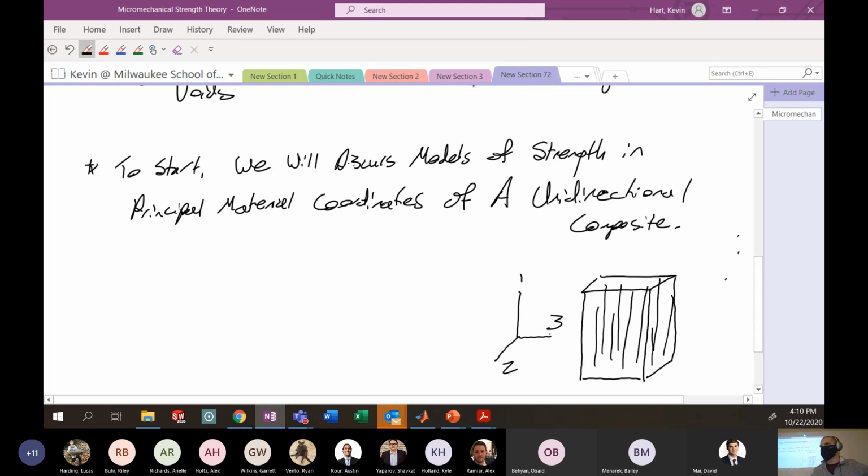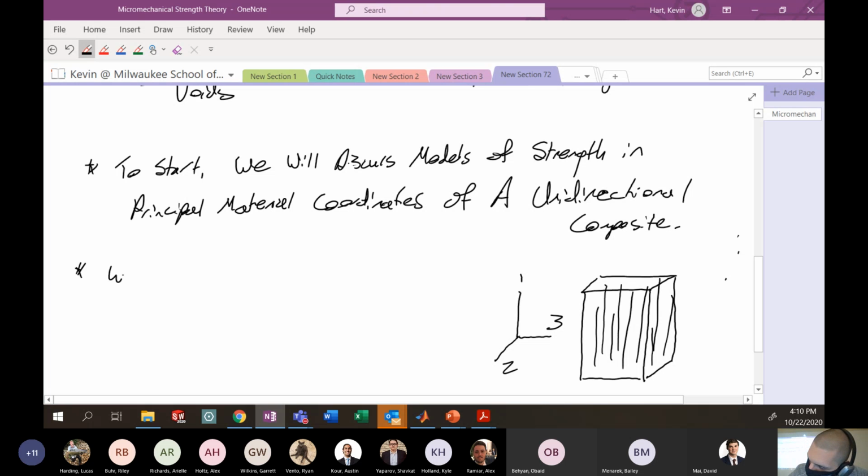That looks like the following. So when I say we're going to talk about failure in the principal directions, we're going to talk about tensile failure in 1, compressive failure in 1, tensile failure in 2 and 3, which is the same, compressive failure in 2 and 3, which is the same, and also shear failure 1, 2. All right, so we got a lot of things to talk about.